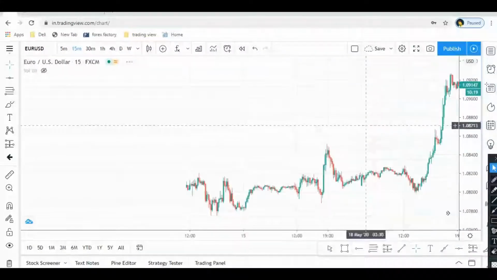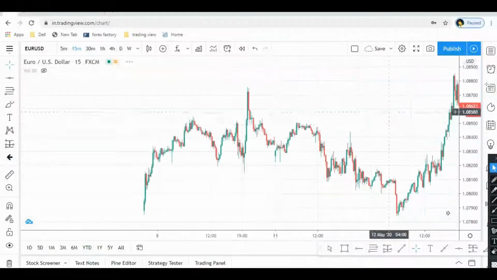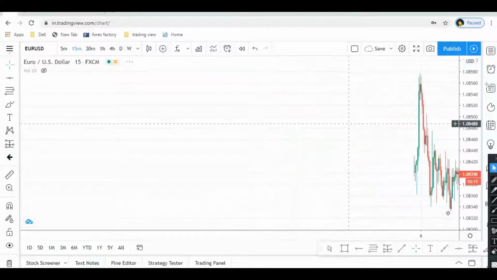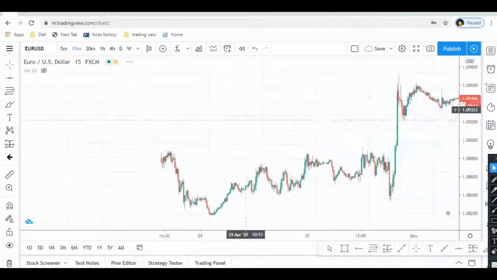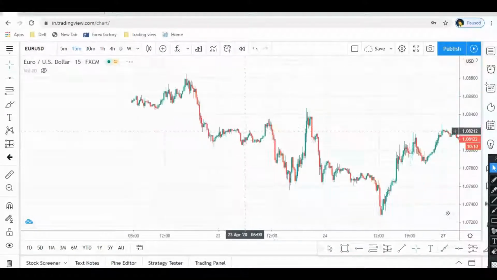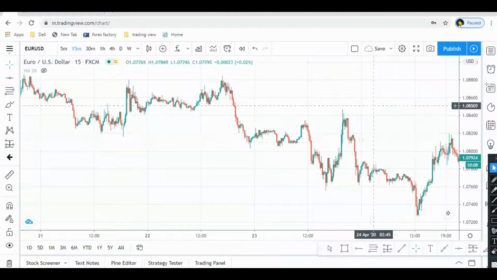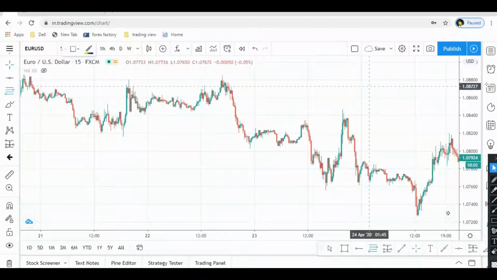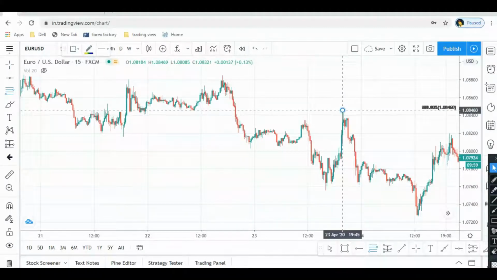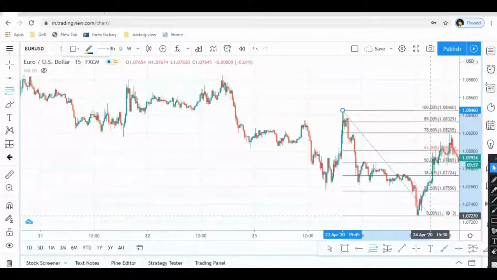I'm going randomly back. I will pick one area, and from there I will show you how Fibonacci retracement works. Let me take this Fibonacci. So this is the high and this is the low.